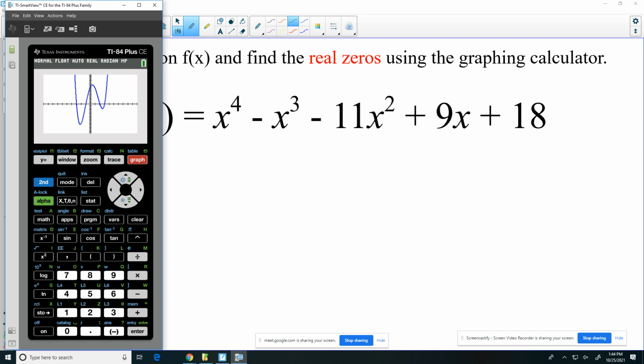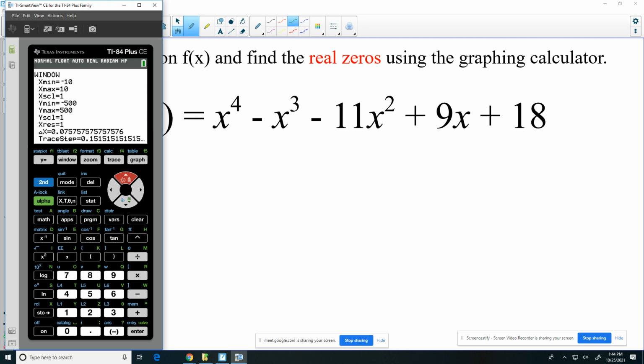But watch. I want to show you something real quick. I'm going to change my window again. What's it look like now? More like a U, doesn't it? Watch this.